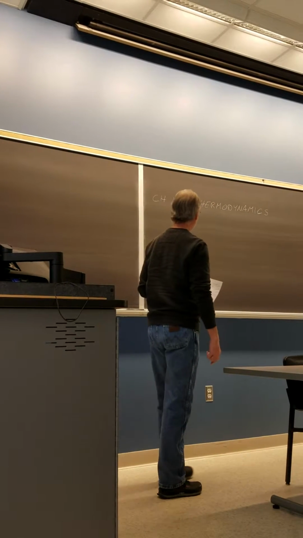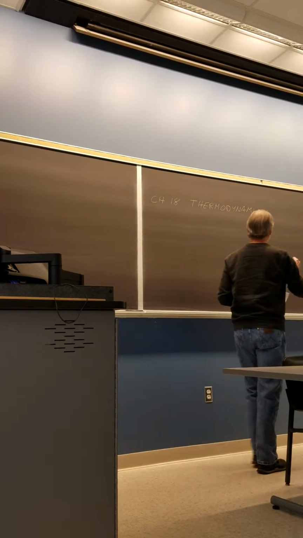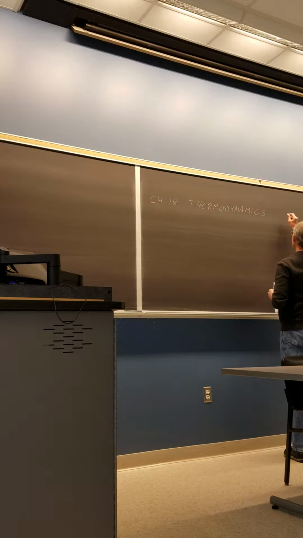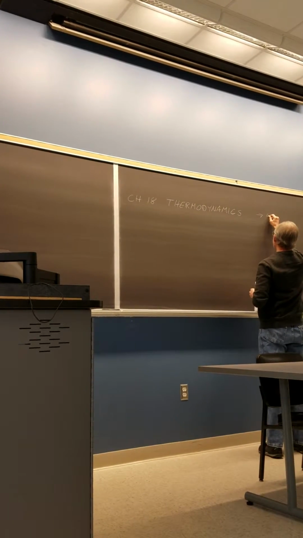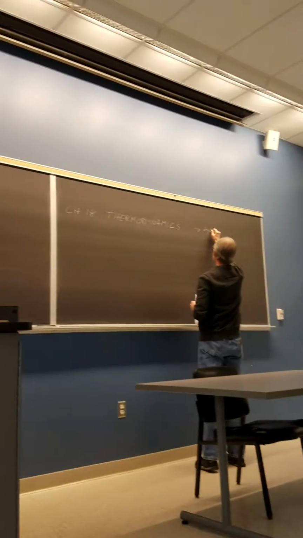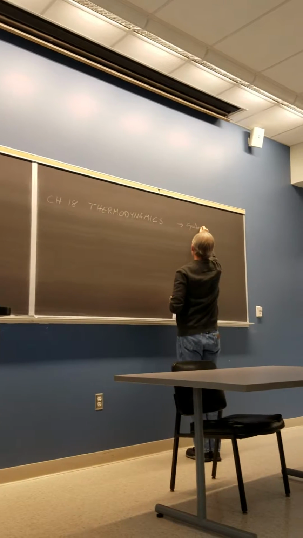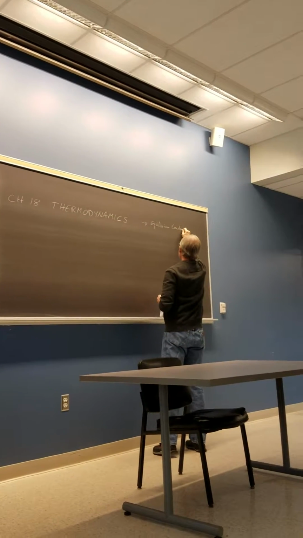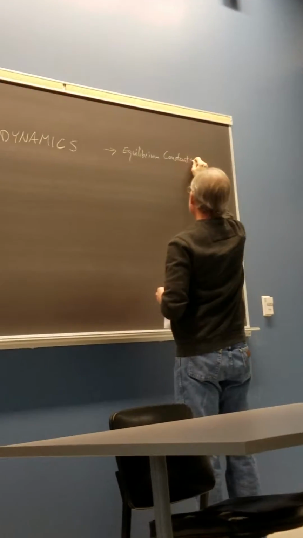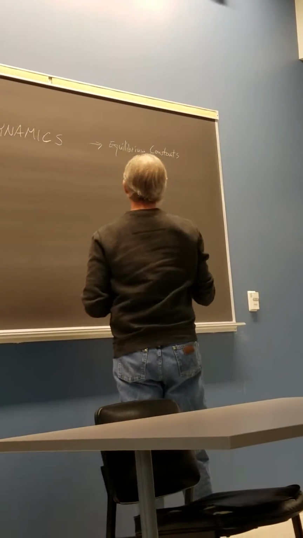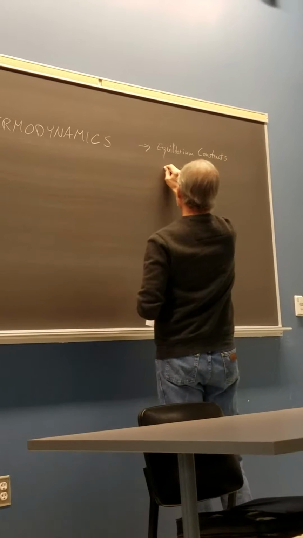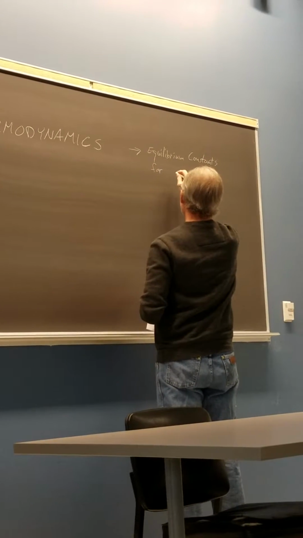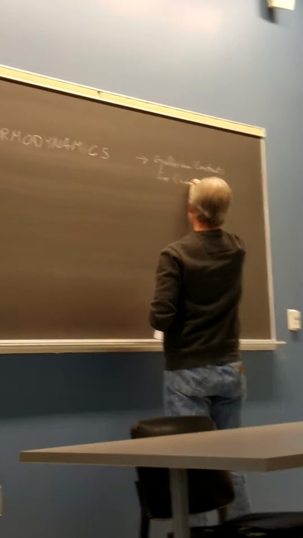Thermodynamics is looking at eventually getting to figuring out equilibrium constants. If you're in physics or engineering, it can be applied to a lot of other things, but in chemistry, mostly it's for chemical reactions.